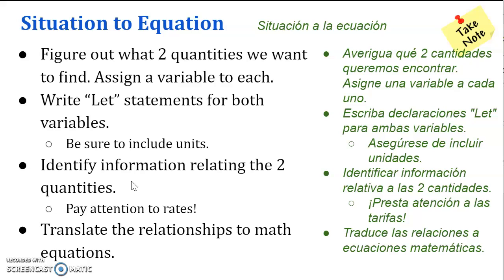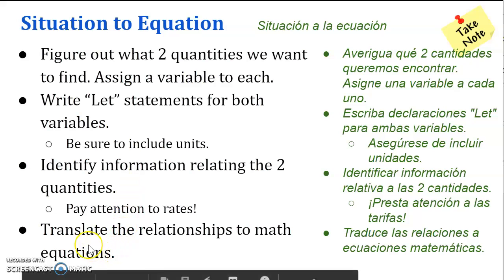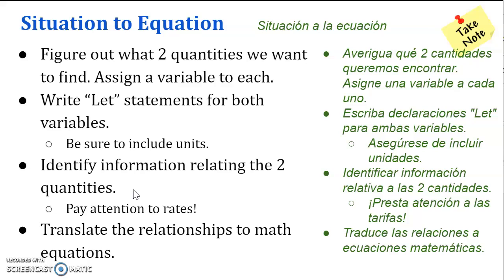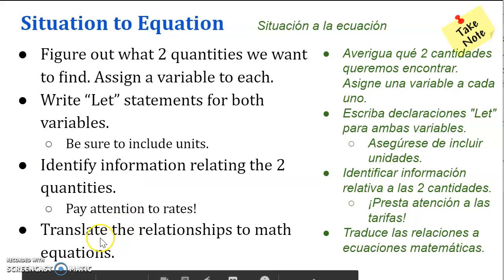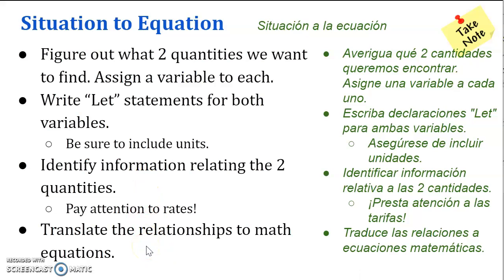So that's how they are related. And the other criterion is how they are also related. So two different criteria let us know how the two quantities are related. Then you translate that relationship to math equations. So those are the steps that I would like you to follow.